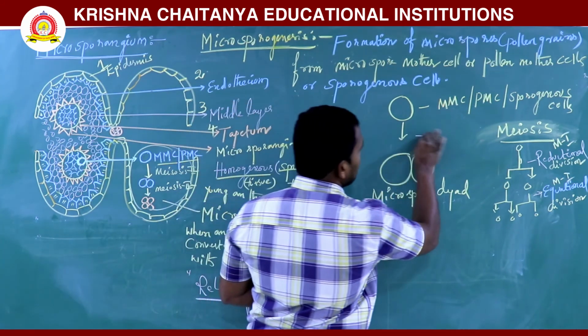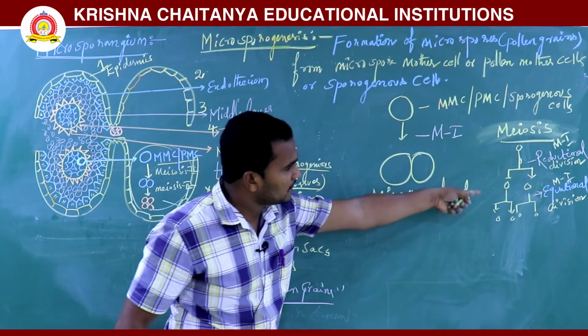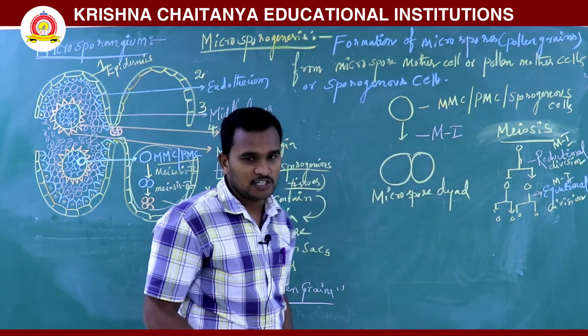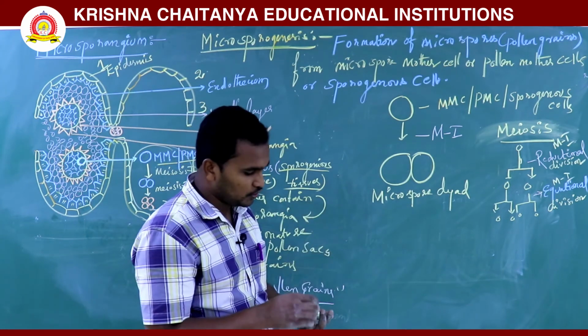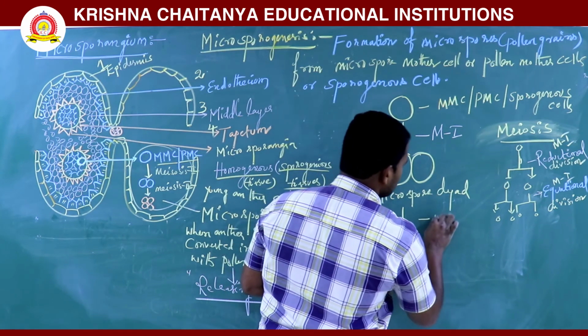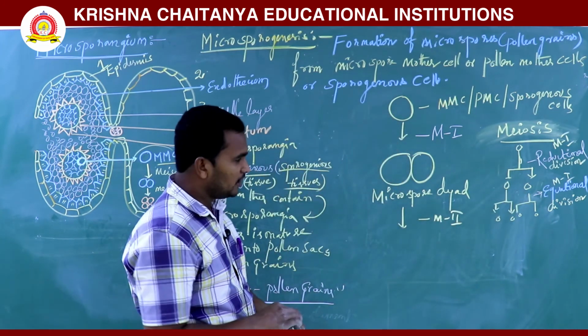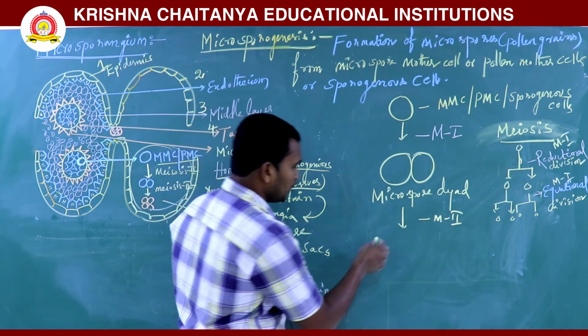This is meiosis 1, the reductional division, reducing the chromosome number. Next is meiosis 2, an equational division, equally distributing chromosomes.